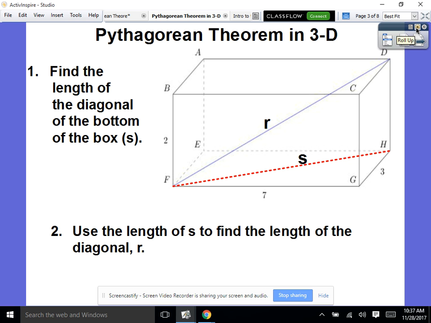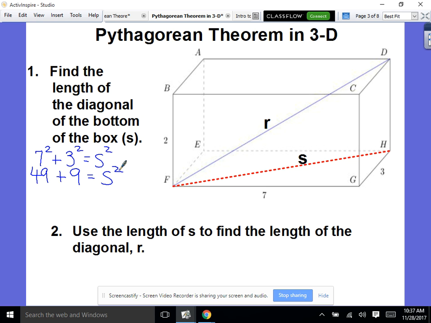This bottom of the box is 7 by 3. So 7 squared plus 3 squared equals S squared. 7 squared is 49. 3 squared is 9. And 49 plus 9 is 58.